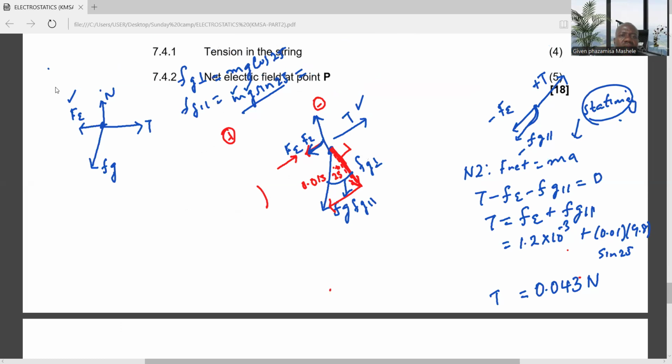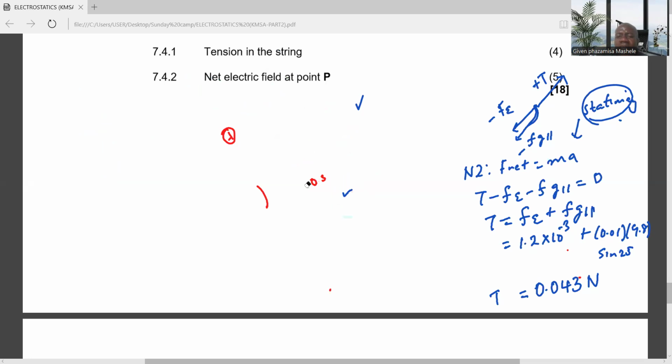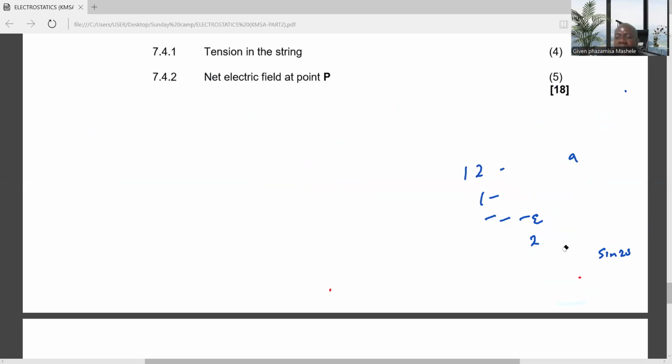So let's now start with the calculations. We got that the distance between R and S is 0.02, which is 0.015. We're going to use that to calculate the electric field at point P due to charges P and R.